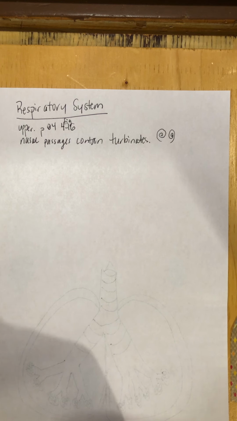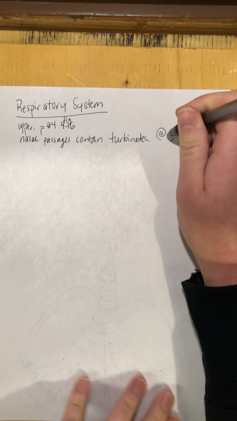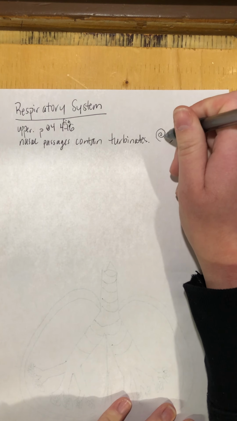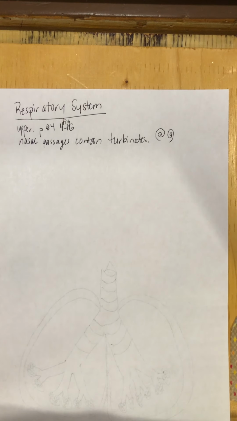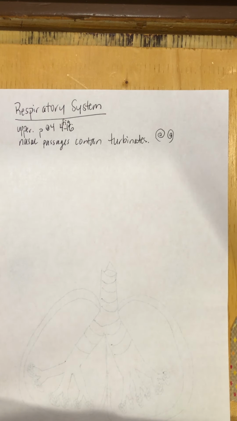But those guys are responsible for warming up air and moisturizing it. So these scrolly bones are all scrolled together like that to give lots of surface area, and then they're covered in mucous membrane. Those mucous membranes produce mucus, and that mucus helps to moisturize the air we're breathing in. It also helps to warm it up.